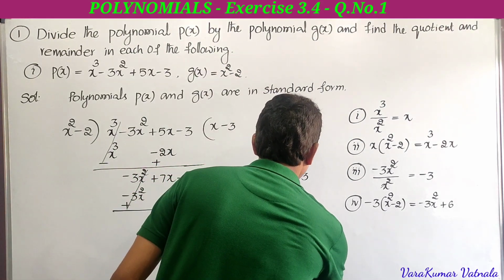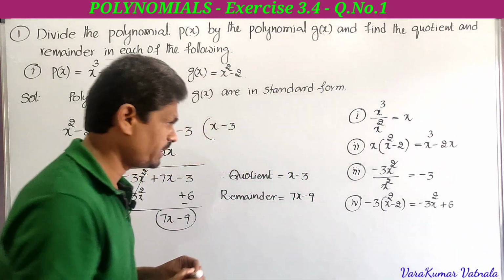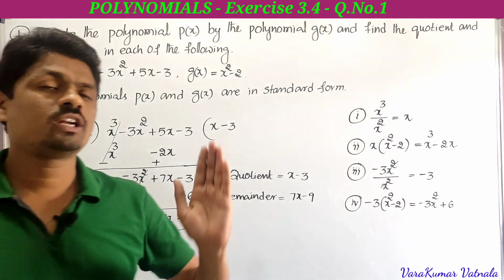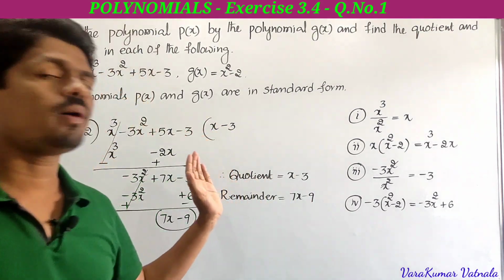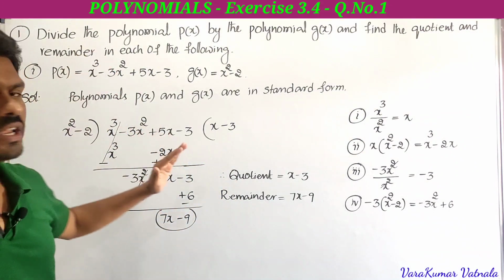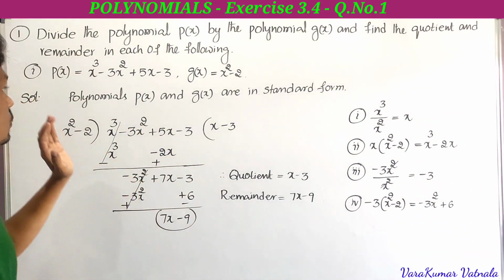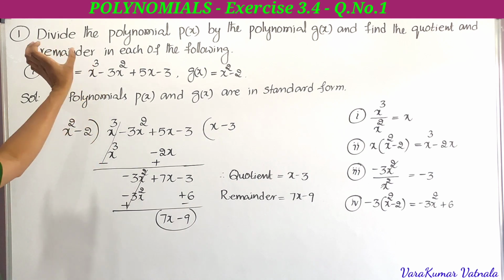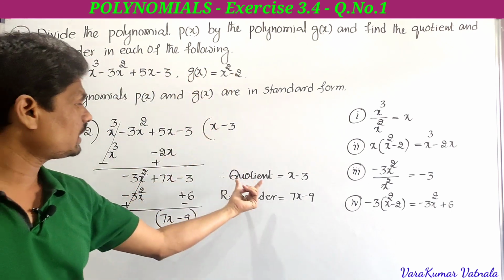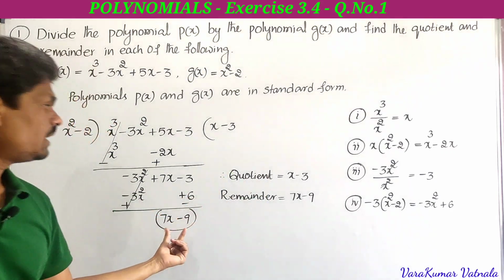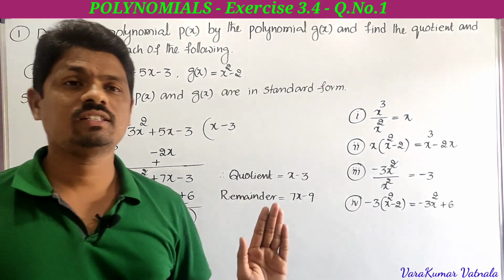Very important, student, you have to follow the steps involved in the division of polynomials. Like this we can divide polynomials. We have divided p of x by g of x. Here the quotient is x minus 3, and the remainder is 7x minus 9.